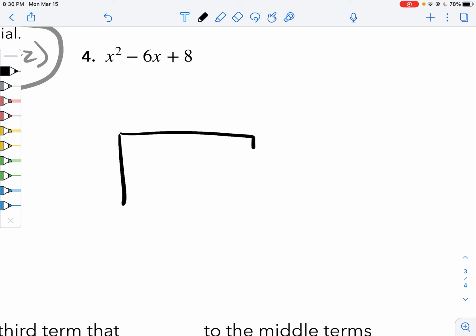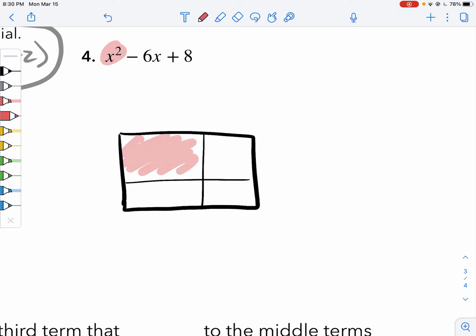I like to draw a model because it helps me visualize it. This model kind of falls apart because we're going to have a subtraction, but it still helps me see the pattern. If you are noticing this pattern by now, you say, we need to get what times what equals x squared, that's always going to be x times x.